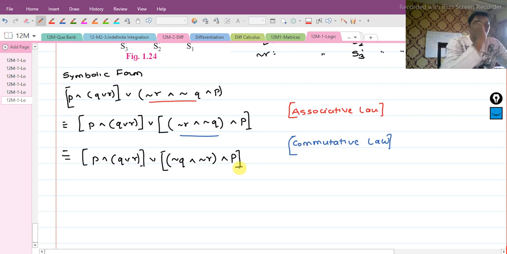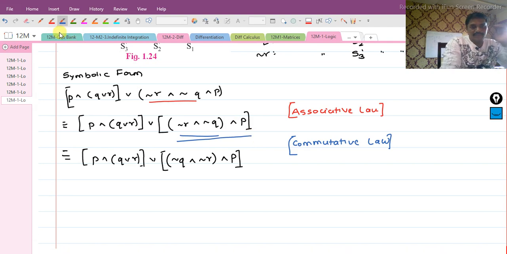एक सेकंड ना. कम्यूटेटिव लॉ मुझे यहाँ पे भी और यहाँ पे भी यूज करना है फॉर द फुल ब्रैकेट. मतलब ये P भी मुझे पहले लिखना है.